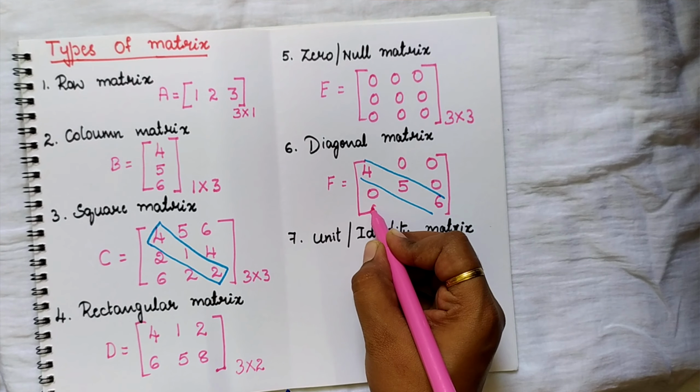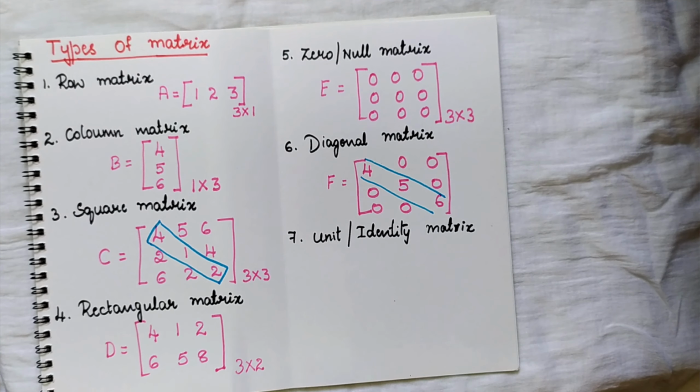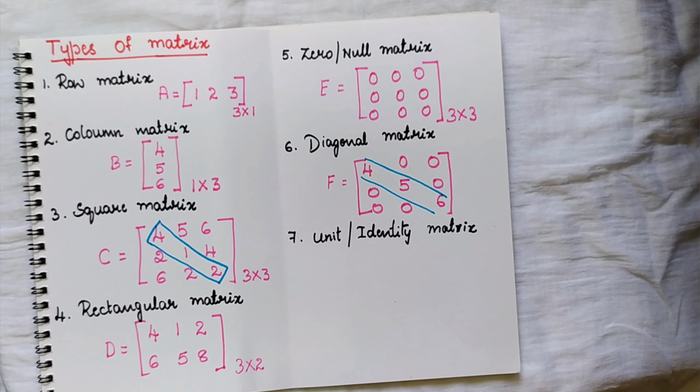And this is called a diagonal matrix. I repeat, in the diagonal matrix, only the principal diagonal elements will be some number and all other elements will always be 0.